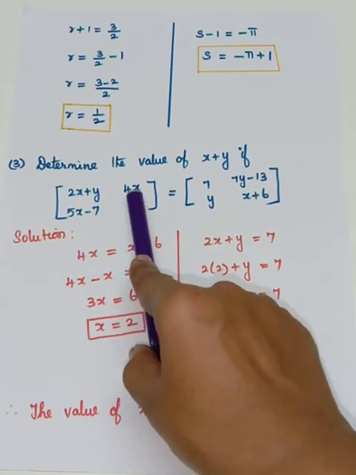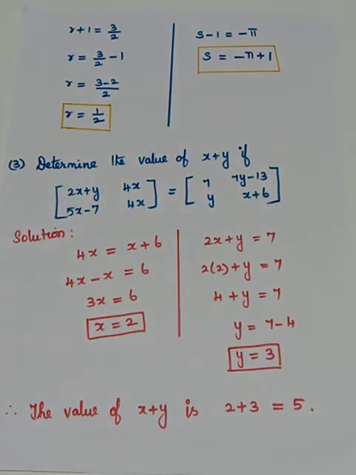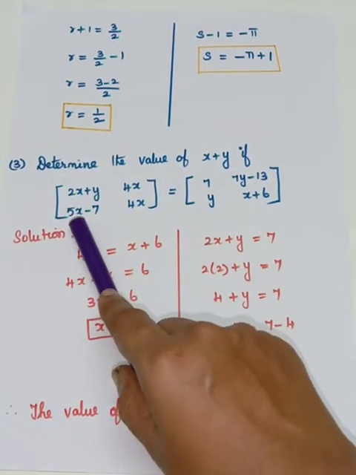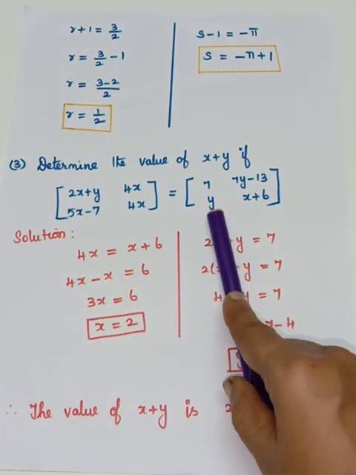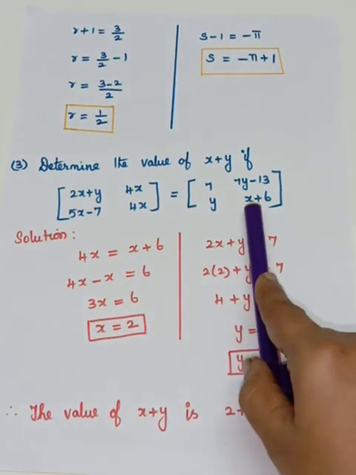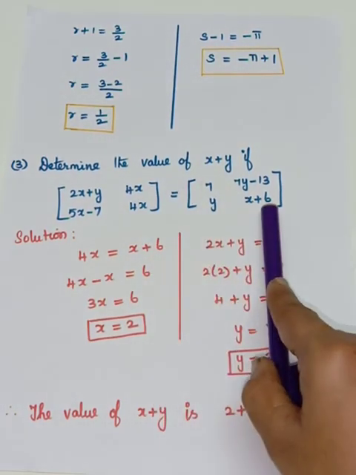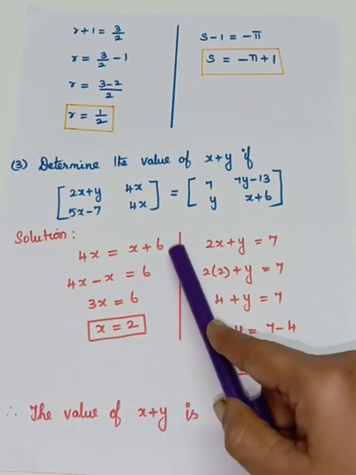Next, 4x is equal to 7y minus 13, this also has x and y. The third one, 5x minus 7 is equal to y, that also has x and y terms. So take the last one, 4x is equal to x plus 6. Here you will have only the x term. So first I'll take 4x is equal to x plus 6.